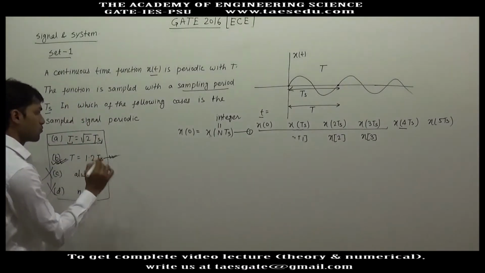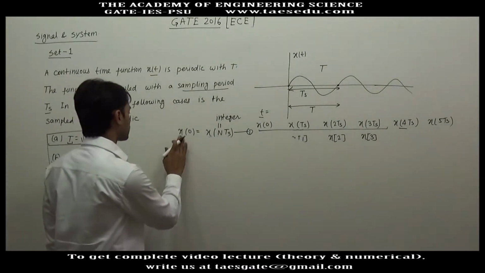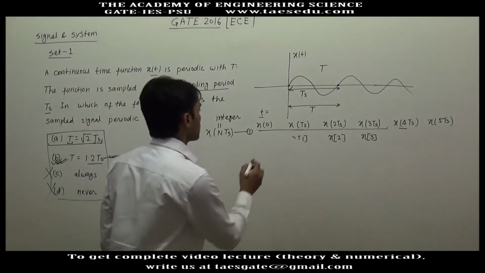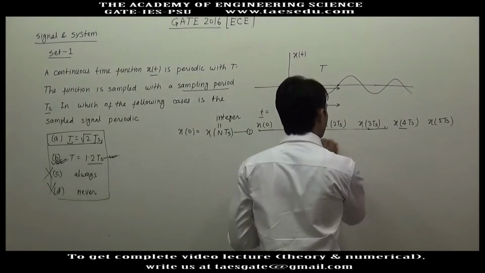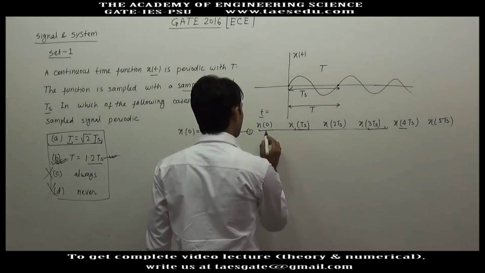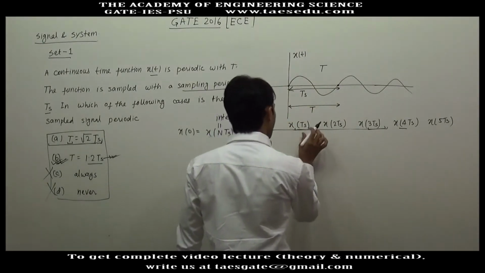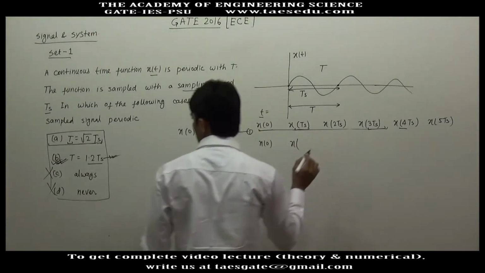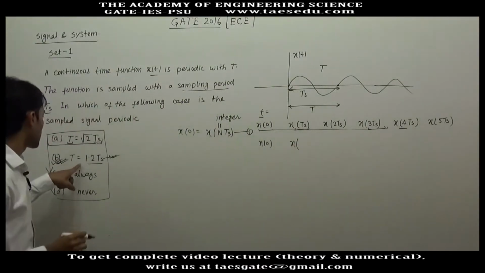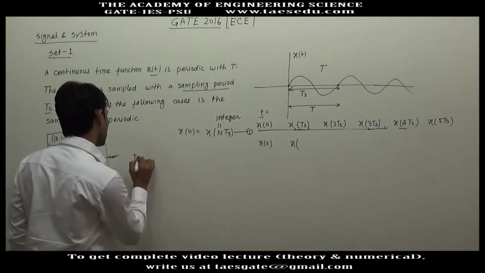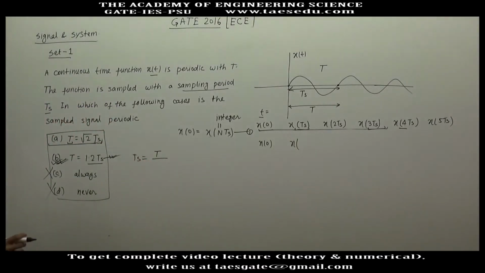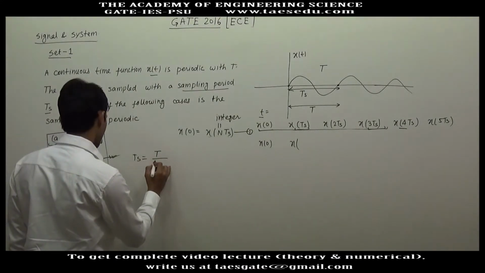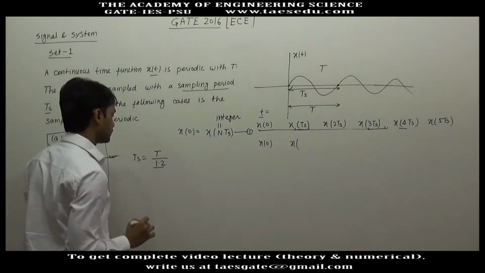If T is equal to 1.2 Ts, you have samples x0, xTs, x2Ts, x3Ts. So x0, okay, this is x0. Another method, the shortcut method, which is easily understandable: Ts is equal to T divided by 1.2.